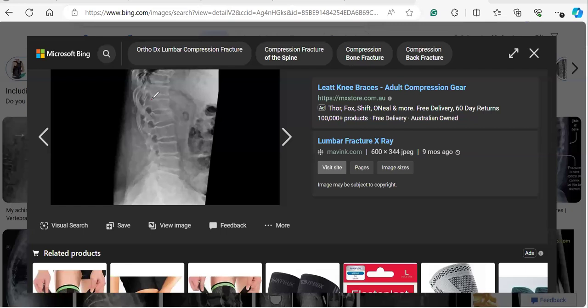See this one. This vertebra, the vertebra height is normal. This one is also normal. But if you look at this vertebra, see this vertebra having loss of height, that's a compression fracture. Okay? So that's how a compression fracture usually will present.